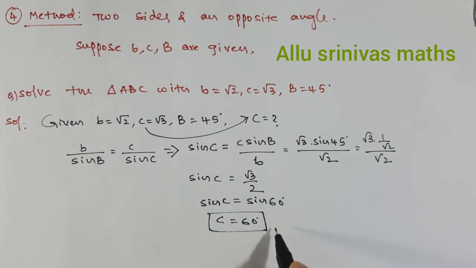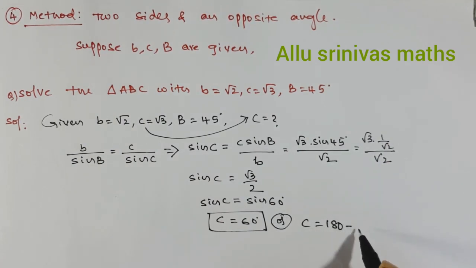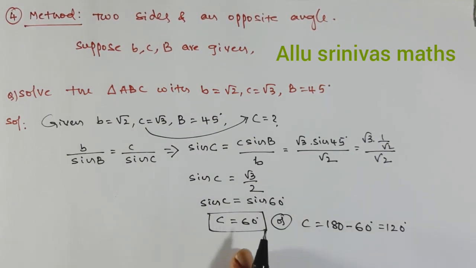In such cases two triangles exist. Another required angle is C equal to 180 degrees minus 60 degrees, and then finally 120 degrees. Angle C is equal to 60 degrees in the first solution and angle C is equal to 120 degrees in the second solution.